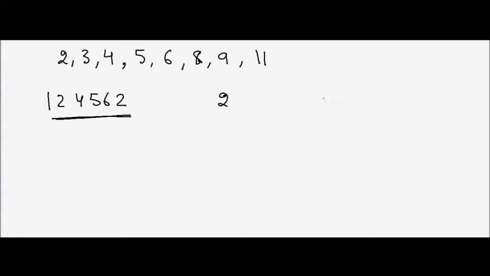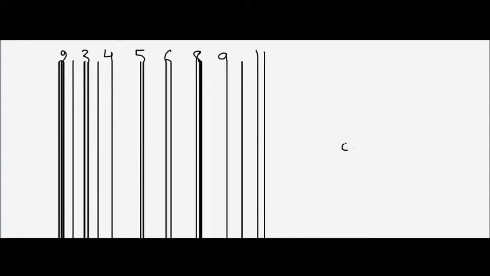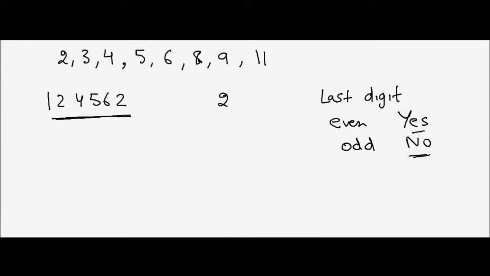We have to look at the last digit, and if it's even, then yes, and if it's odd, then we'll say no. Here we can see that the last digit is 2, so it should be divisible by 2 because it's an even number at the end.